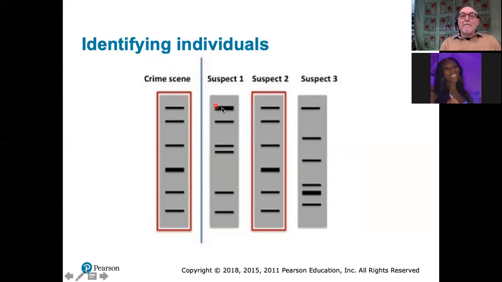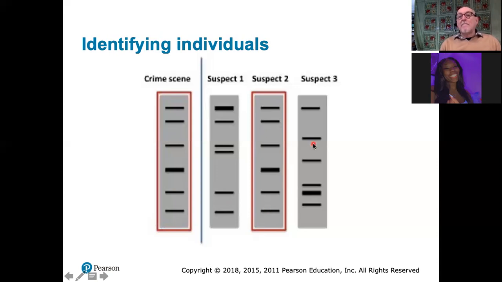So here's suspect one. Do they match? Well, one or two of the bands do match, but there are significant differences in the patterning. Remember that we're looking at a combination from both chromosomes. So here's suspect number two: a match, a match, a match, match. They match almost perfectly.